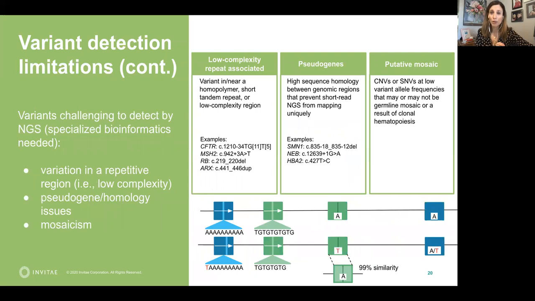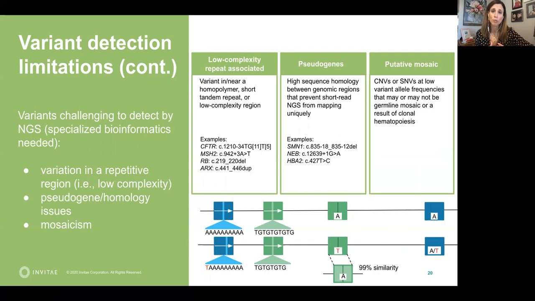In addition, other areas that can be challenged by next generation sequencing are areas that have repetitive DNA sequences, genes that might have pseudogenes. So there's perhaps a copy of a gene that is non-functional that carries a lot of similar nucleotide sequence to the functional copy of the gene, or variants that might be mosaic, so observed at a variant allele frequency lower than what we would expect.